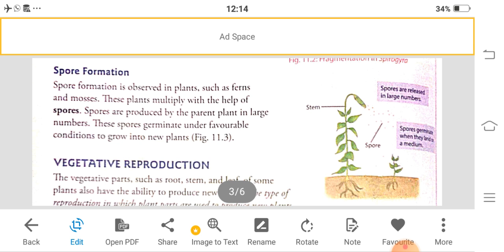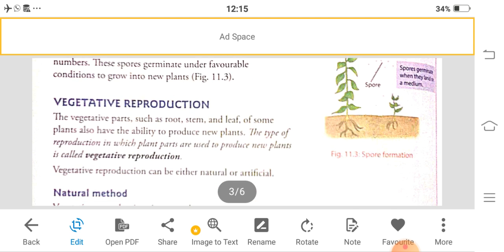In this, spores are produced by the parent plant in large numbers, and in favorable conditions, these spores develop into a new plant, as you can see here.